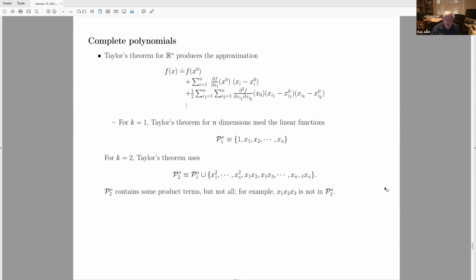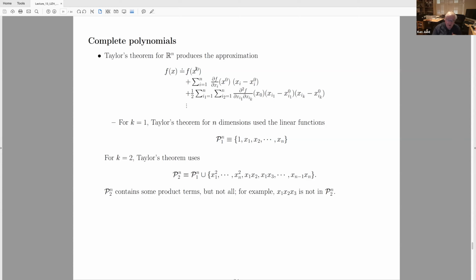However, what we should do is go back to our reliable friend, Taylor's theorem. By the way, Taylor's theorem has nothing to do with macroeconomics. So Taylor's theorem for Rn produces an approximation.